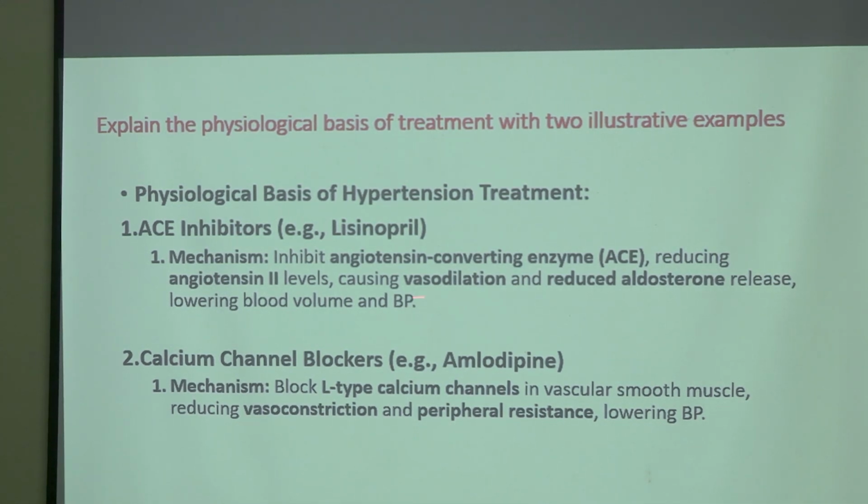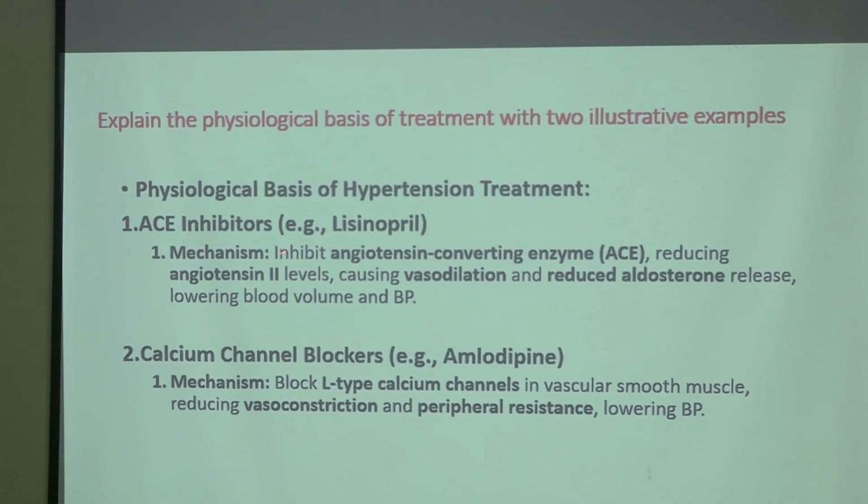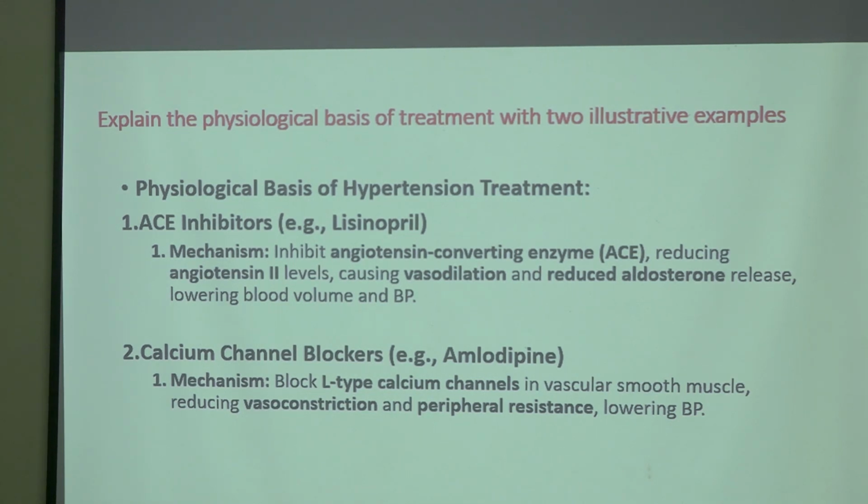Ultimately, vasodilatation reduces the blood pressures. Not only this, it also reduces the aldosterone release. So both the reduced angiotensin 2 and the reduced level of aldosterone lower the blood volumes and also lower the blood pressures. This is one mechanism of ACE inhibitor action.